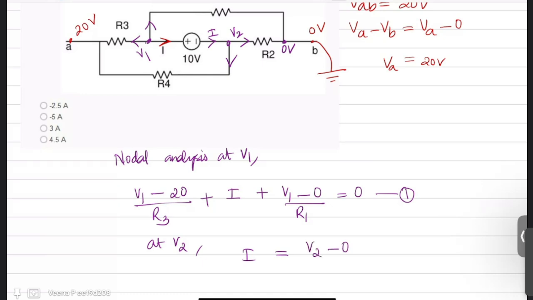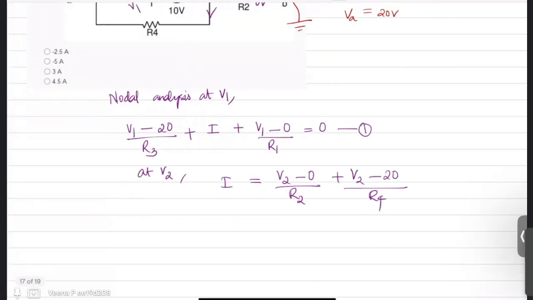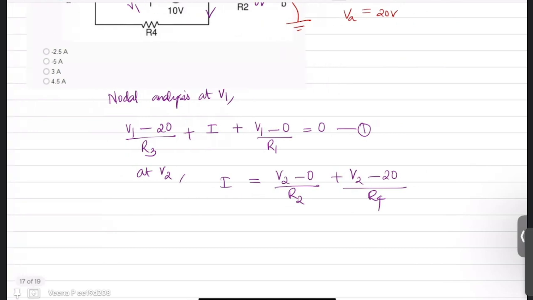Outgoing is (V2 minus 0) by R2 plus (V2 minus 20) by R4, because across R4 is V2 and 20 volts. So I can rewrite it as (V2 minus 20) by R4 plus V2 by R2 minus I is equal to 0.